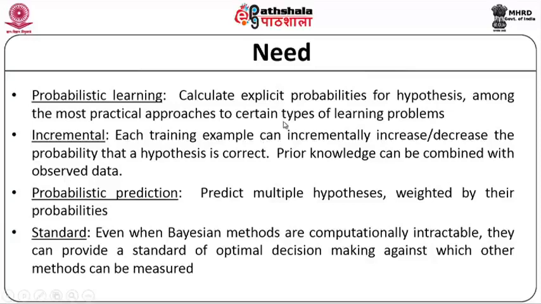In probabilistic learning, we try to calculate explicit probabilities for hypotheses and then we validate them. In certain scenarios, whenever we get data, we update the explicit probabilities in an incremental fashion. Therefore, application of Bayesian theorem results in probabilistic learning which is incremental in nature. This Bayesian theorem and its application will be useful for prediction problems.